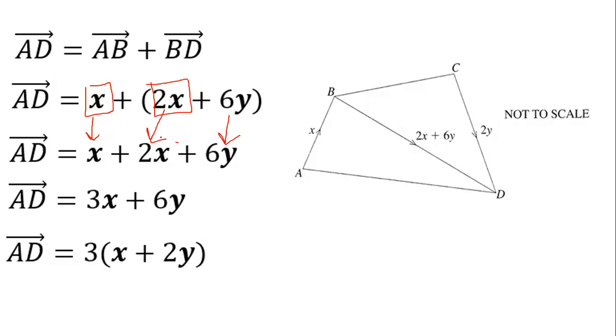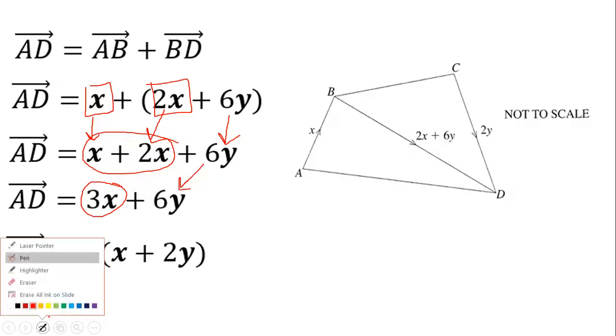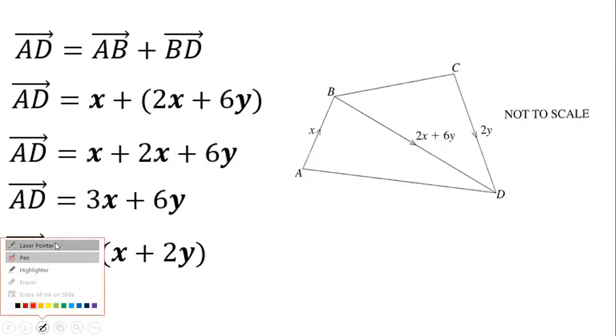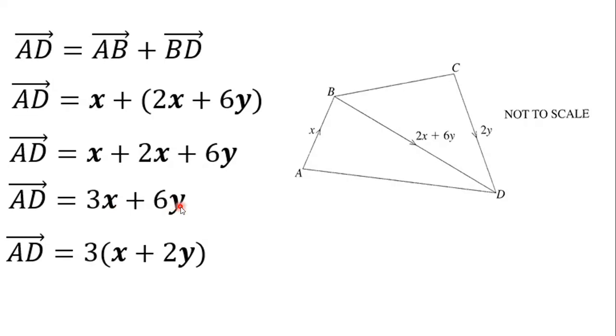Now, what is X plus 2X? You can look at it as 1X plus 2X. 1 plus 2 is 3, so 1X plus 2X is indeed 3X. And then we bring down the 6Y. So the answer for AD is that AD is equal to 3X plus 6Y. And this is the correct answer.